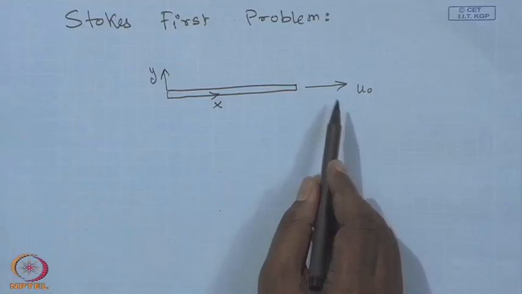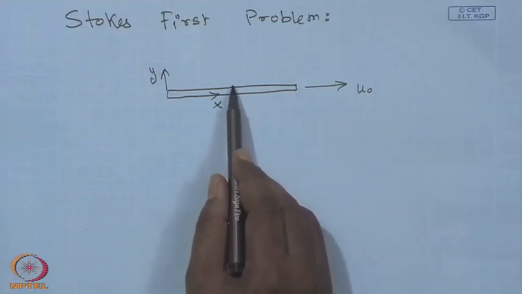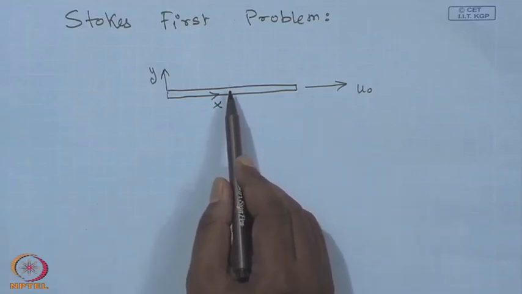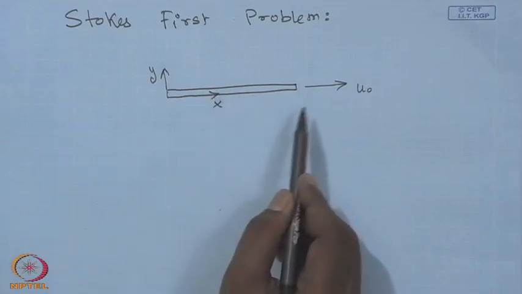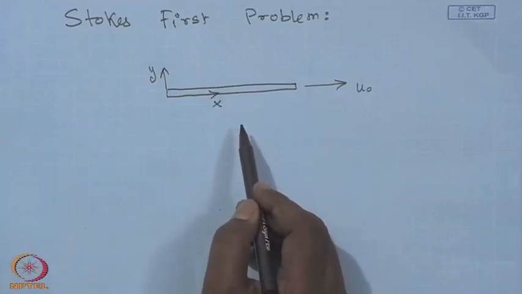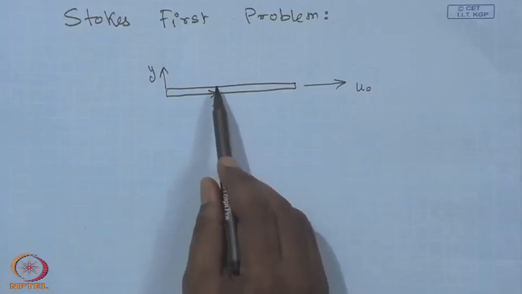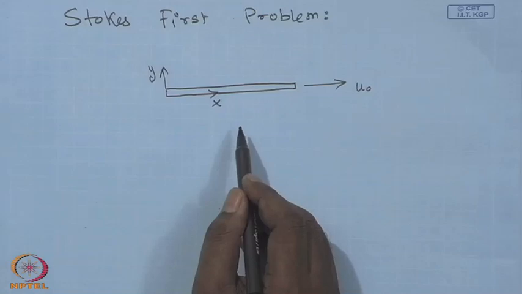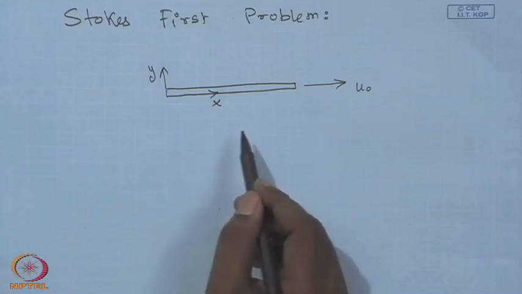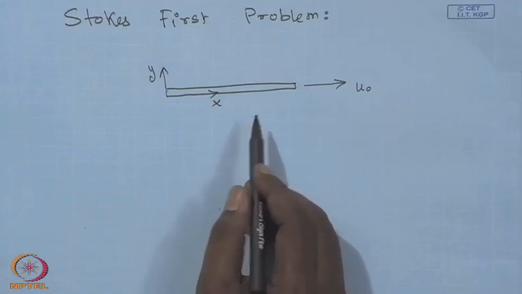So, what happens at time t? The fluid particles close to the plate will have the same velocity u naught in the forward x direction because of the no slip boundary condition. As you go away from the plate in the y direction, because of the viscous forces, the velocity of the fluid particles in the x direction starts decreasing.